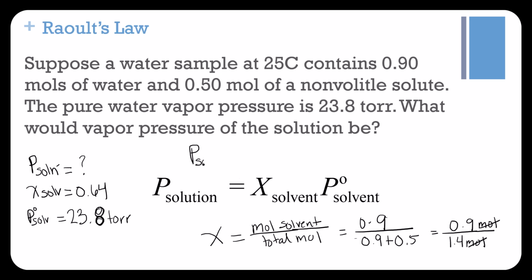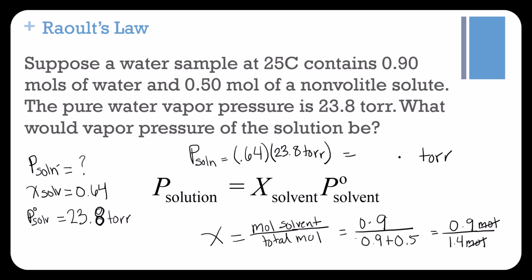So the pressure of our solution is going to be our mole fraction, 0.64, times the pressure of our solvent, so 23.8 torr. So looking at our units here, whatever unit we put in is going to be the unit that gets spit out.